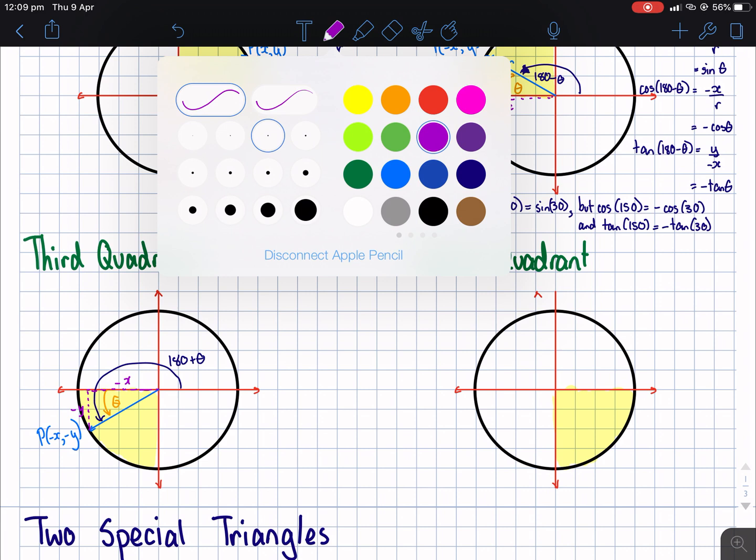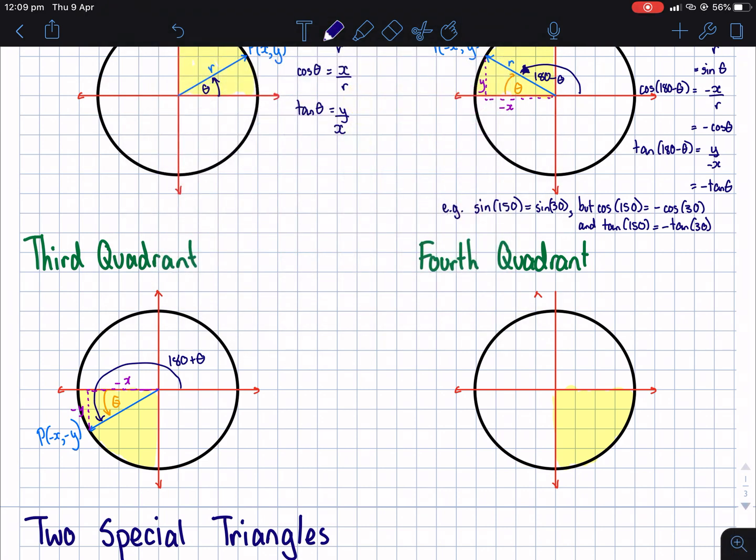So this time, sine of 180 plus theta. For example, this time it might be 210 degrees, which is 30 more than 180, equals minus y over r, which is minus sine theta. So if I wanted sine 210, I'd do minus sine theta.